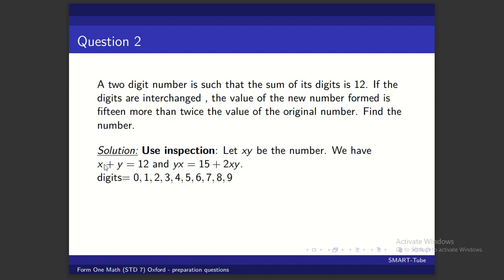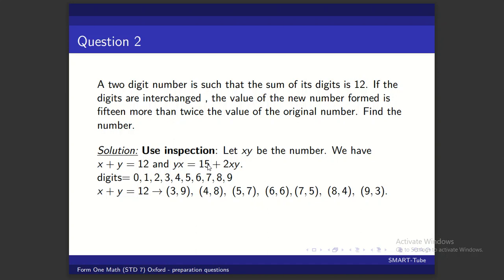From the first condition, you need to find a pair of digits whose sum is 12. The pairs are 3 and 9, 4 and 8, 5 and 7, 6 and 6, 7 and 5, 8 and 4, and 9 and 3. These are the digit pairs that give a sum of 12.